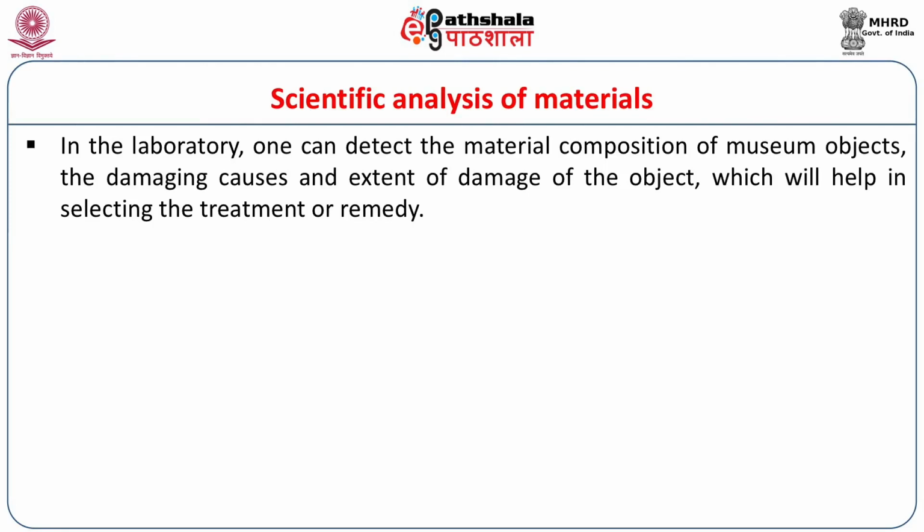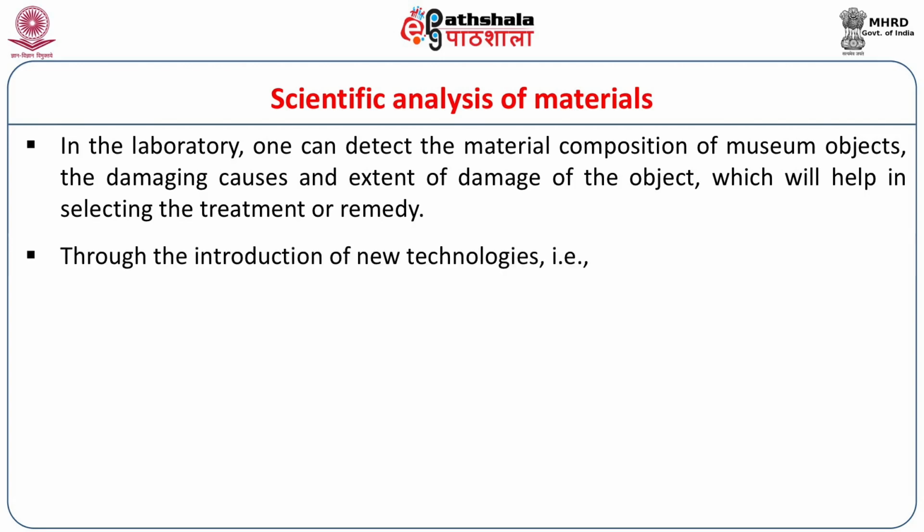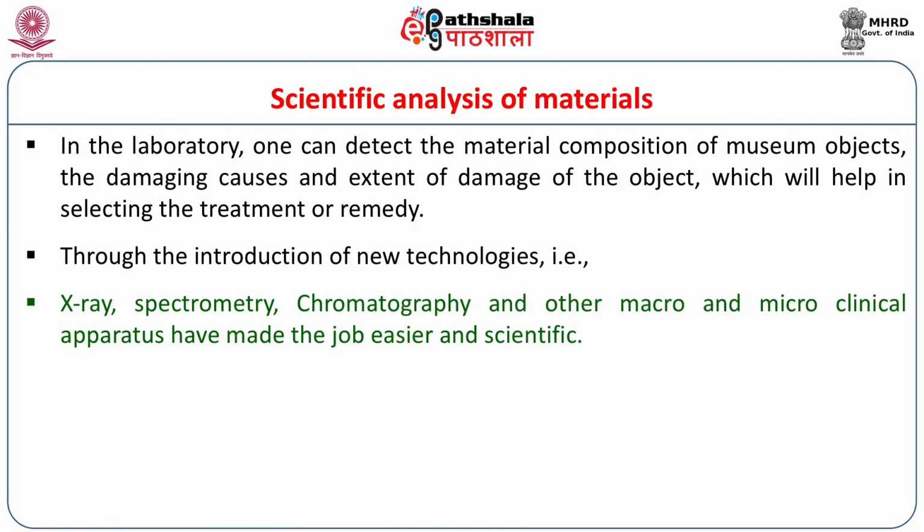In the laboratory, one can detect the material composition of museum objects, the damaging causes, and the extent of damage of the object, which will help the conservator in selecting the treatment or taking remedial measures. With the introduction of new technology, chromatography, spectrometry, X-ray analysis, and some other macro and micro analytical apparatus have made the job much easier, accurate, and scientific.